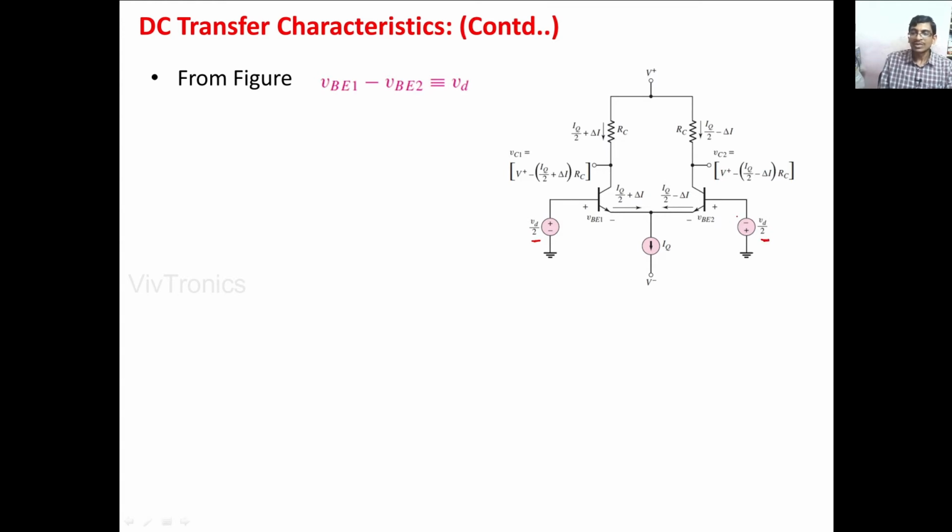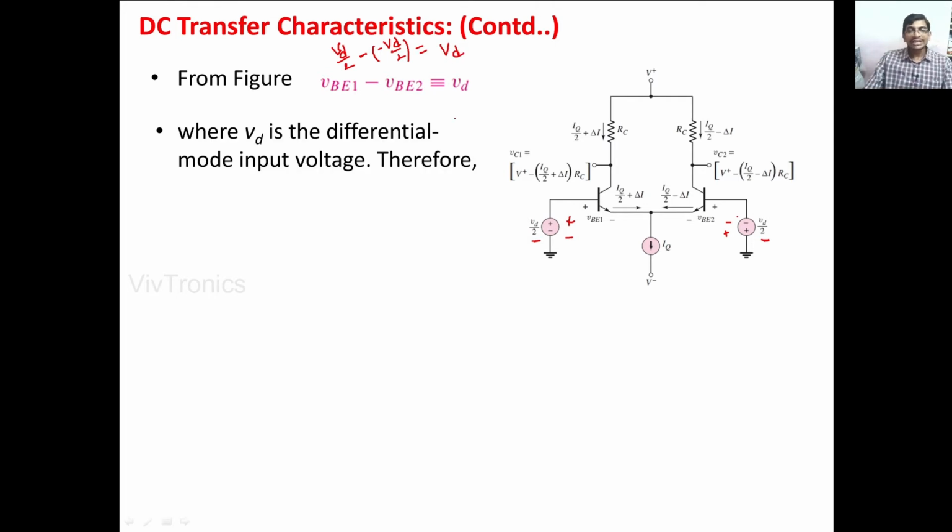Here you can observe the polarities of this voltage source, which is minus plus at the right hand side and plus minus at the left hand side. Okay, so VBE1 minus VBE2, here VBE1 is nothing but what? VD by 2, and VBE2 is minus VD by 2, therefore that will be equal to VD.